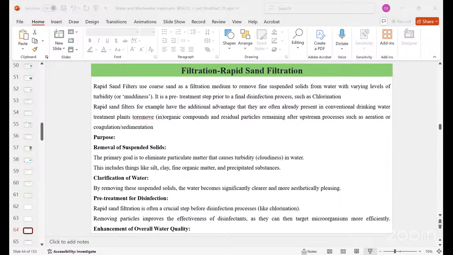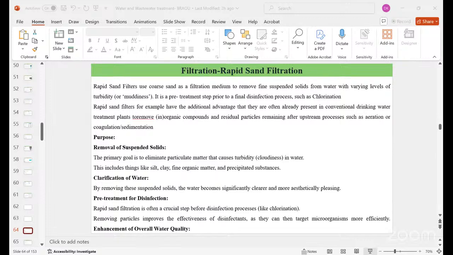This rapid filtration is primarily used before a process like chlorination, because removing the particles improves the effectiveness of the disinfectants, as they can target the microorganisms more efficiently, and it also enhances overall water quality.